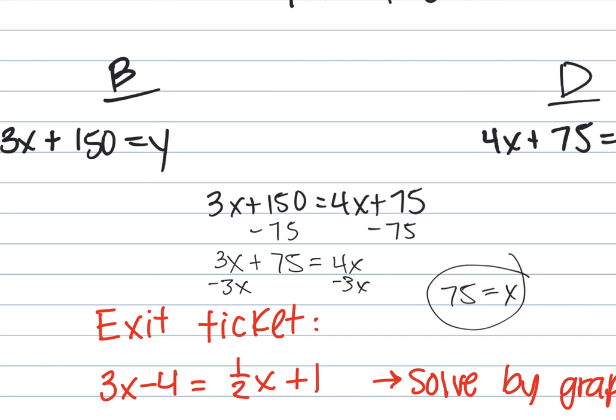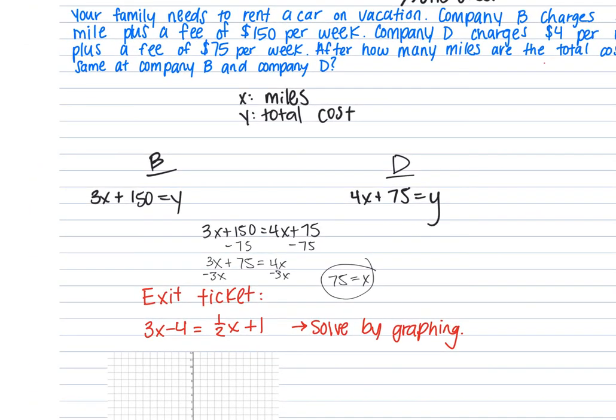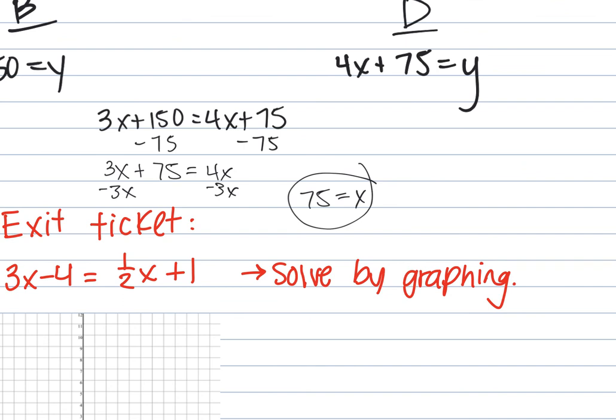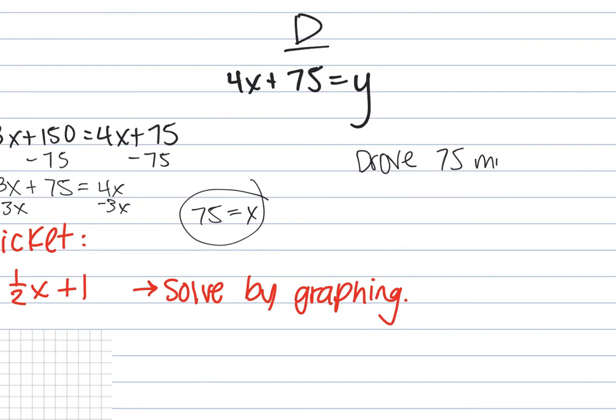So how do I answer this problem? What is my final answer to the question that was being asked in this problem? Diego? You drove 75 miles, for like $3 each mile. But what was the question asking us for?